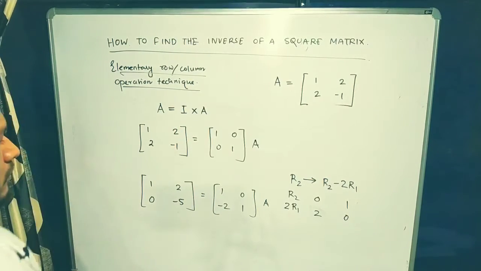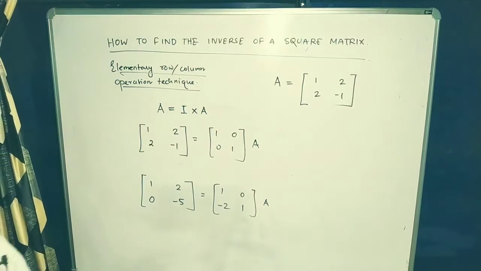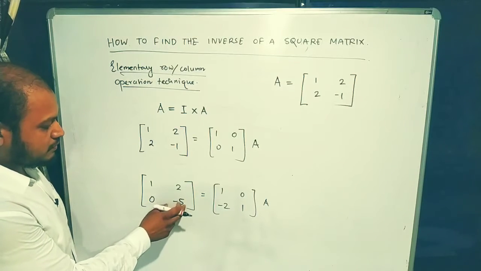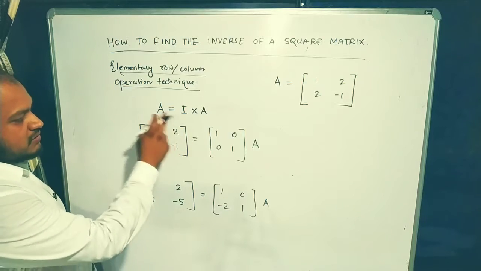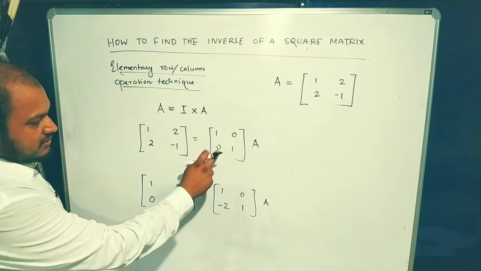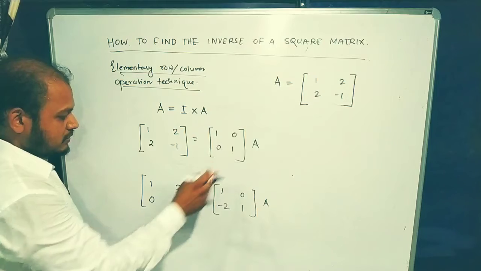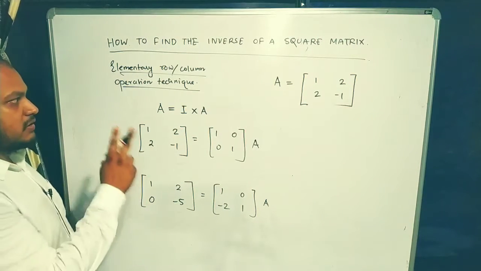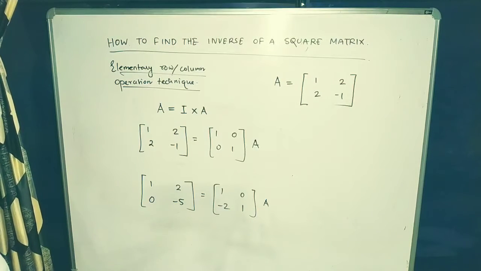Now after this operation we have this matrix equation here. How can we make this portion equal to 1? I have told you that our aim is to make this part an identity matrix. It has taken position 0, just like that matrix, but this position is 1 and this position is minus 5. How can we change that? Recall, in our second elementary row column operation technique, we could magnify any row or column.